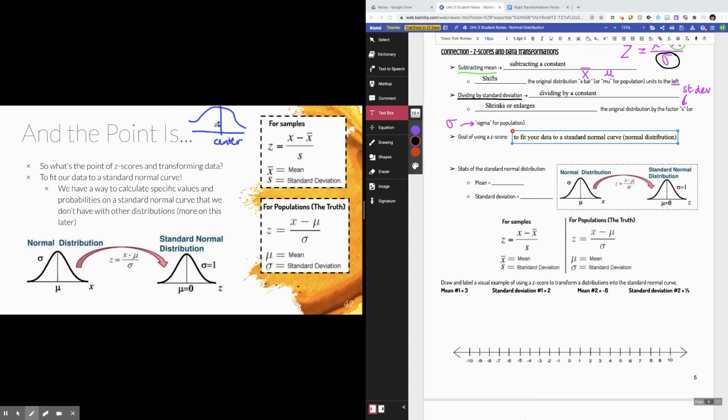You can have some that have a really, really large spread and are really long, but maybe short. They still look like a bell curve. Let me switch my pen. Maybe they look more like this. That's a bell curve. That's a normal curve.